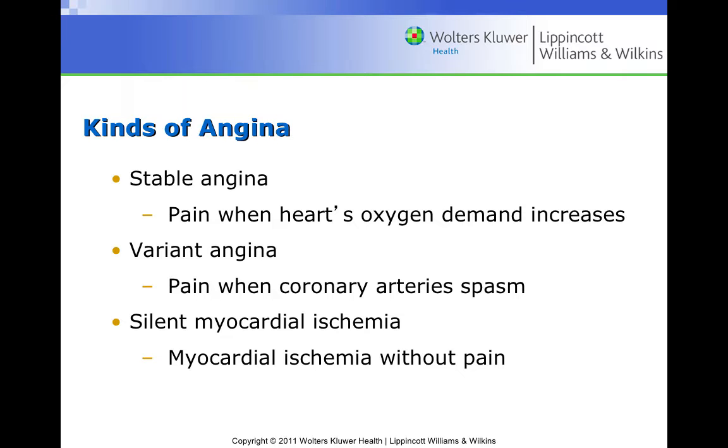You can have variant angina, and this is where the pain occurs because the coronary arteries are spasming, not because of any external exercise. And then there's silent myocardial ischemia, where there is no pain at all, but there is a decreased blood flow to the heart via the coronary arteries. That's a silent killer.